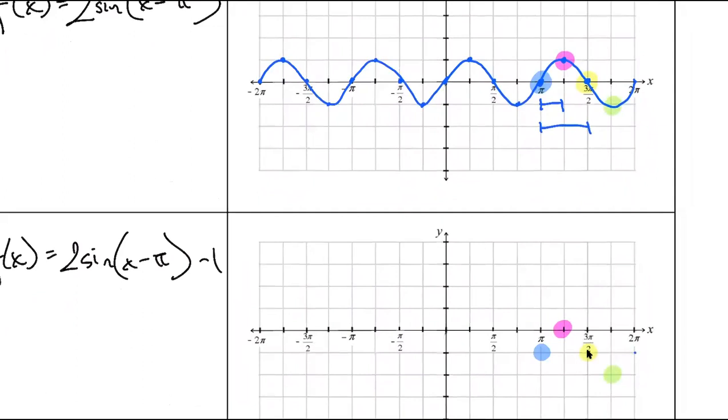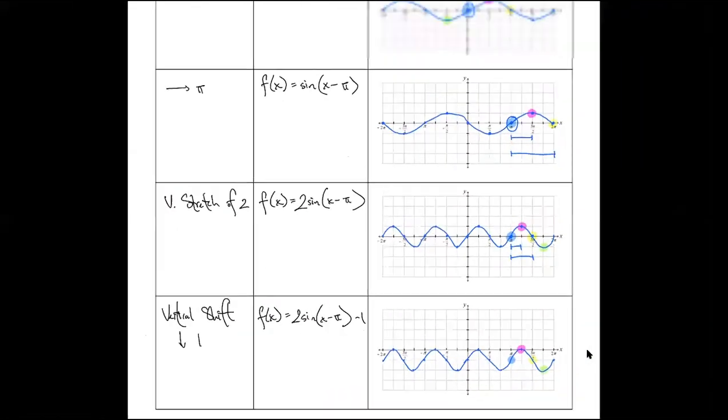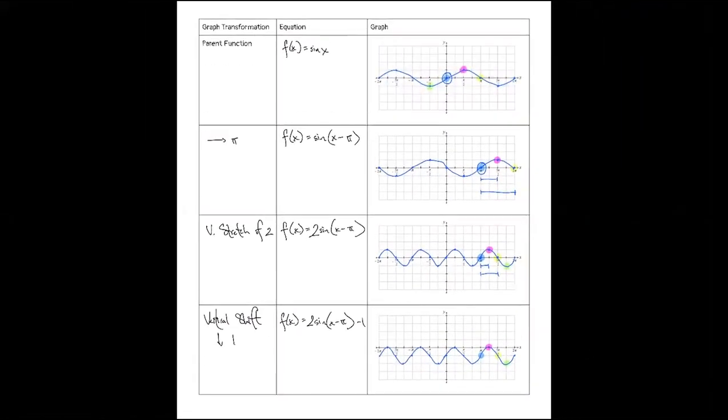And then it's just about following that pattern and connecting your dots. So let's see if we can get that all on one screen. All right, if we keep track of those points, that helps us keep track of whatever transformations we're doing, okay?